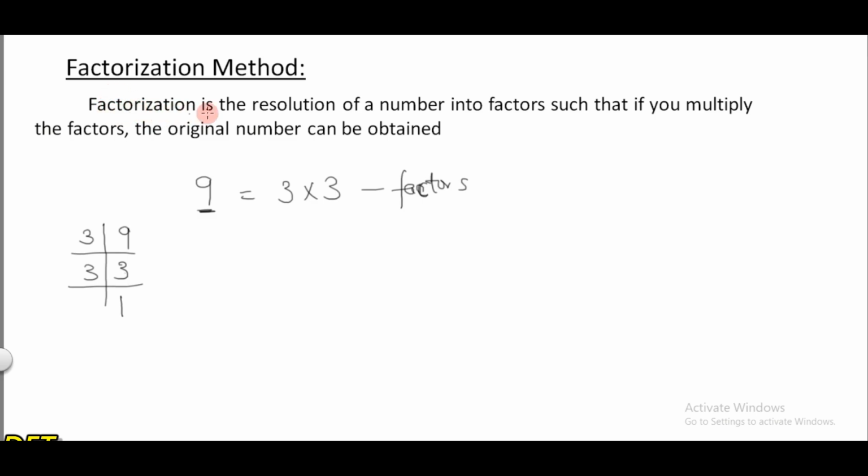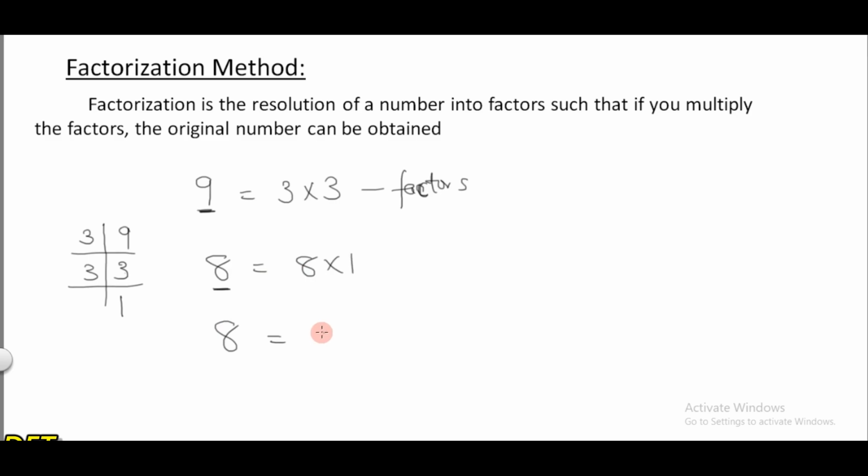So again, factorization is the resolution of a number into factors such that if you multiply the factors, the original number can be obtained. If I ask you to look for the factors of 8, you simply tell me that 8 is 8 times 1. When you multiply these factors, you get the original number, 8.